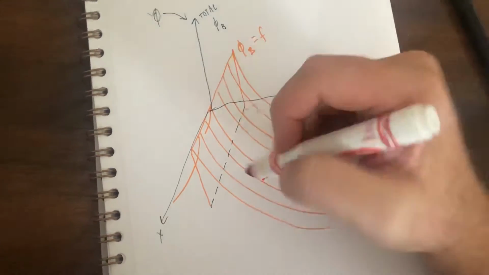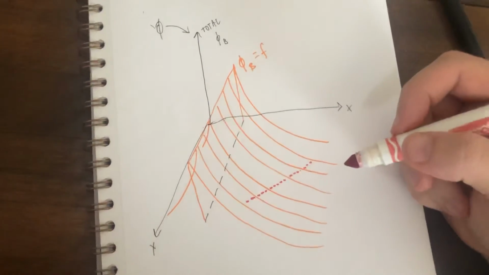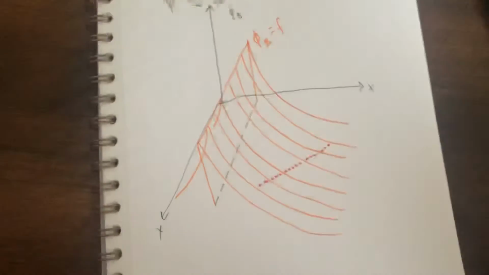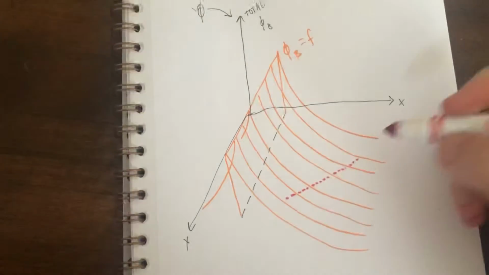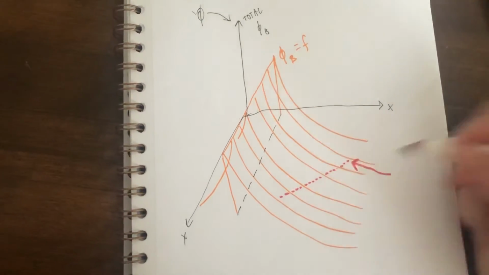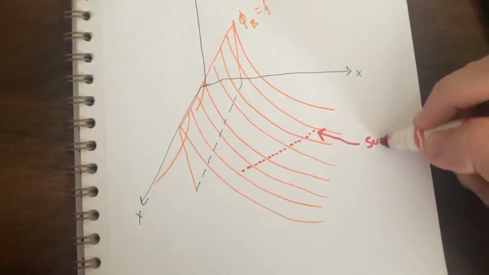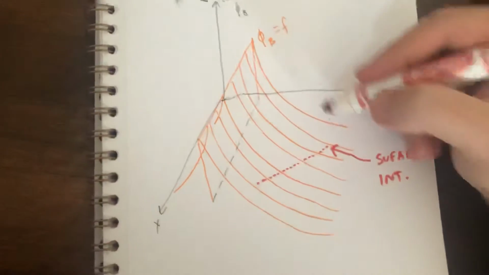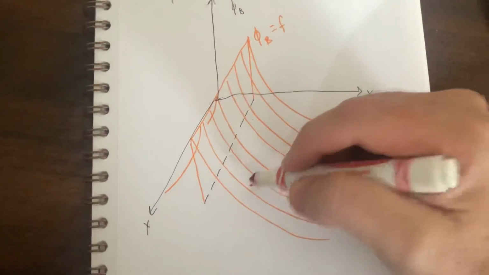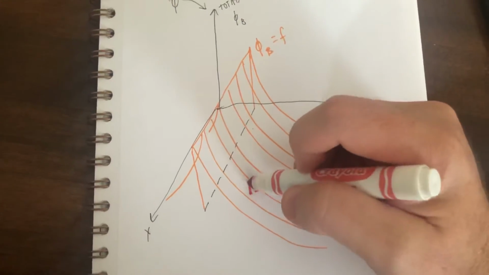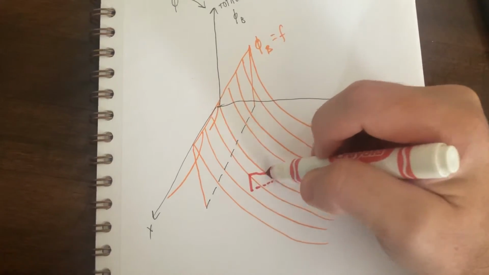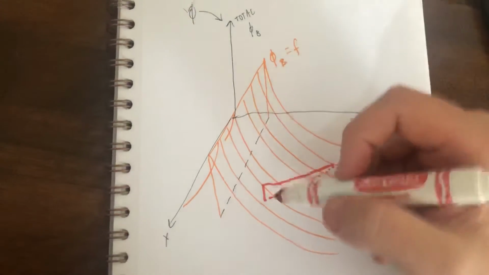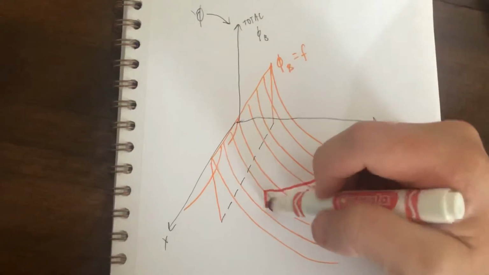To compute the total amount of magnetic flux for that pipeline, and again, correct me if I'm doing this wrong, is essentially computing the surface integral of the pipeline over this surface, right? So that surface integral is going to kind of look like that. I don't know, this drawing is not the greatest, but you can see as it's getting away, it's getting smaller, and as it's getting closer, the magnetic flux is higher.